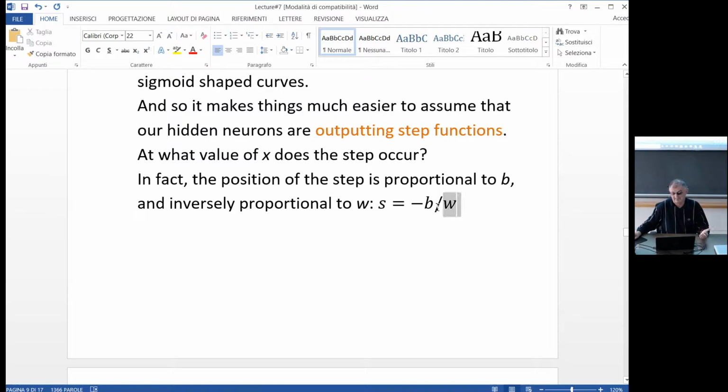And in this case, we can substitute s and forget about B and W, remembering that there is such a reconstructive relation between them.